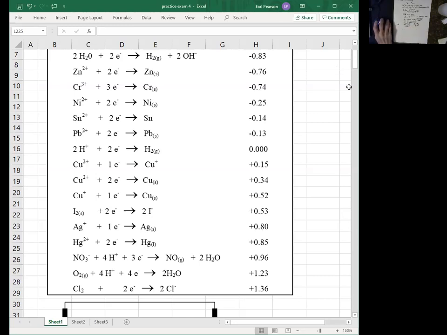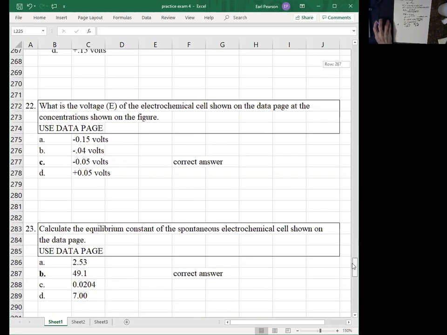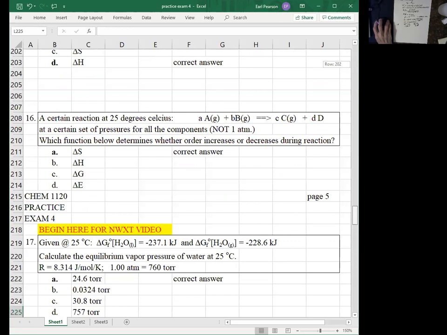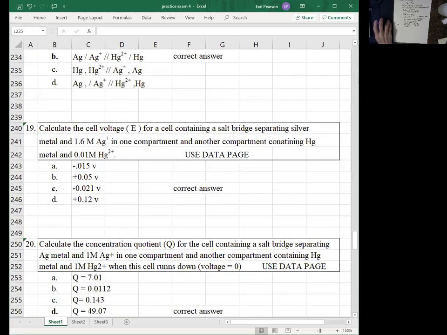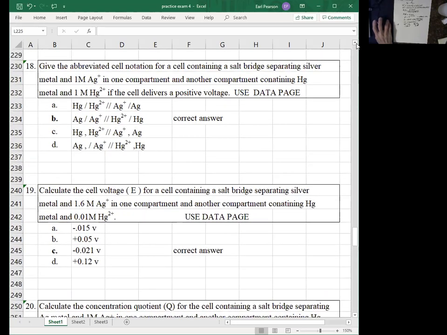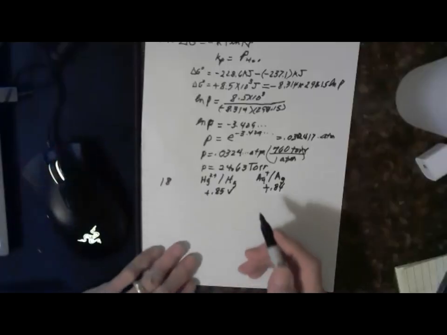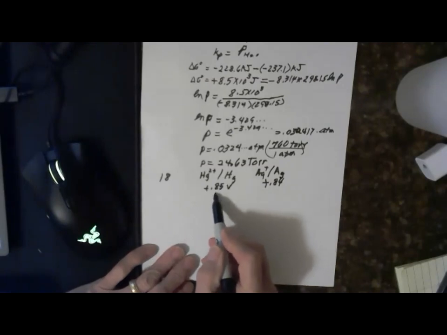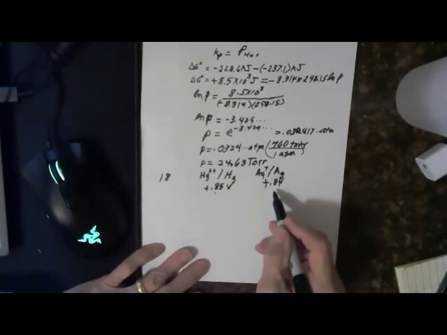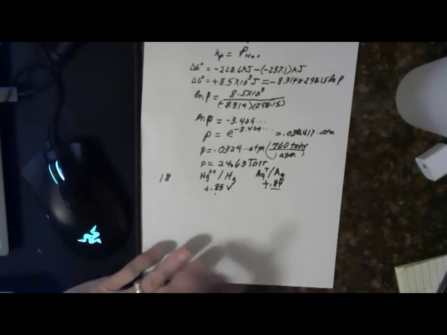Now let's go back to where we were, number 18, and look at our pad. We've got the data set up. Mercury in reduction is at plus 0.85 volts. Silver in reduction is plus 0.84.